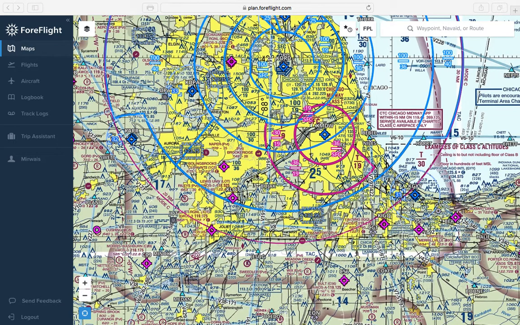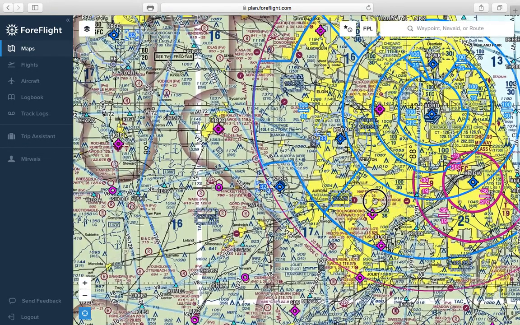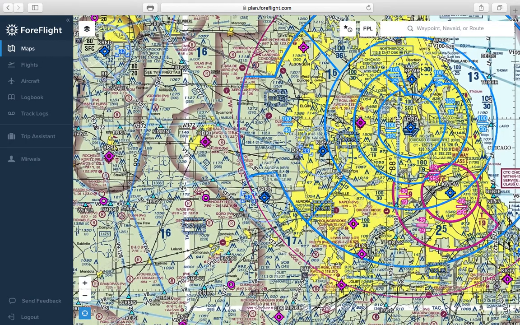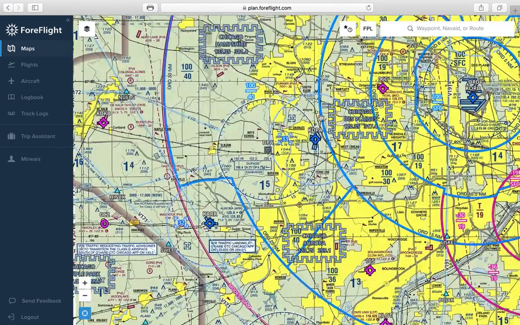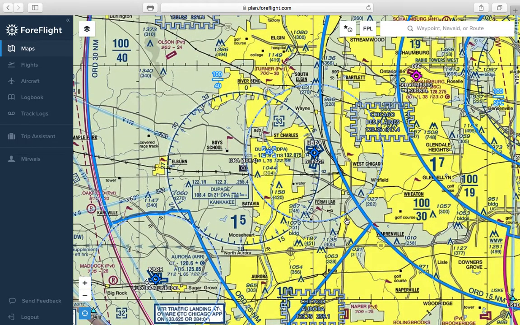All right, let's jump into Delta airspace here. I'm going to get ourselves closer to this Delta airspace. When you see a dashed blue line, that's your Delta airspace on a VFR sectional chart.